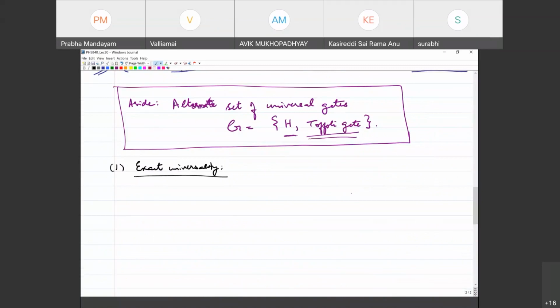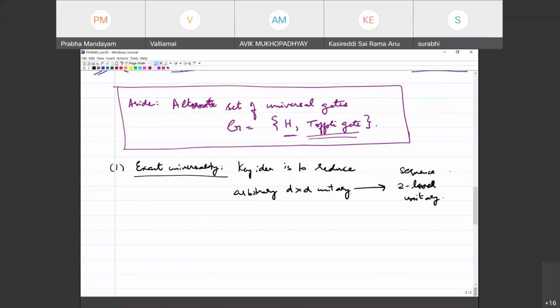So the key idea here is to reduce an arbitrary D cross D unitary to a two-level unitary. I mean, not just one, but actually a sequence or a product of two-level unitaries.